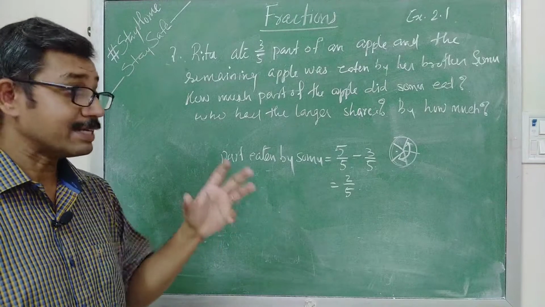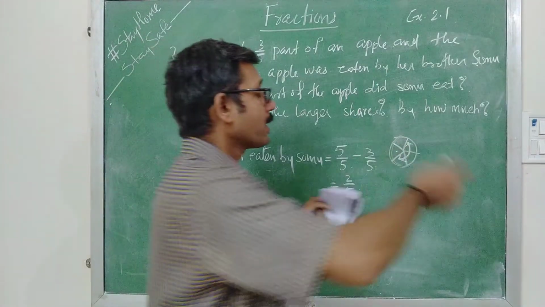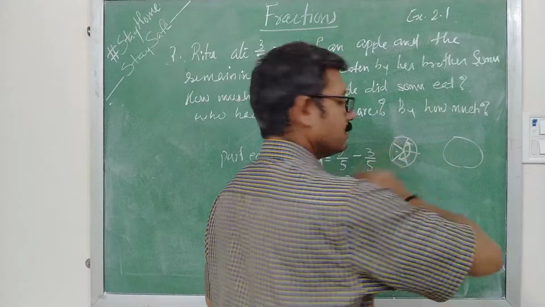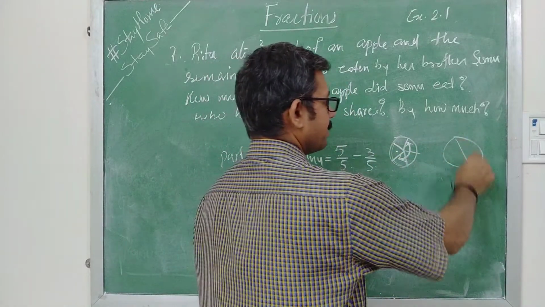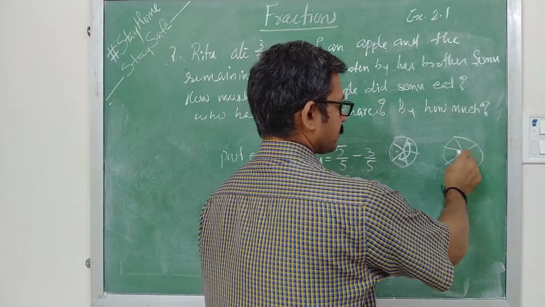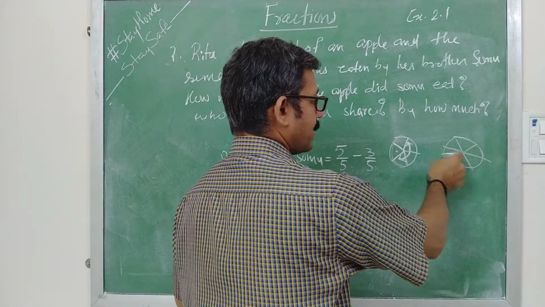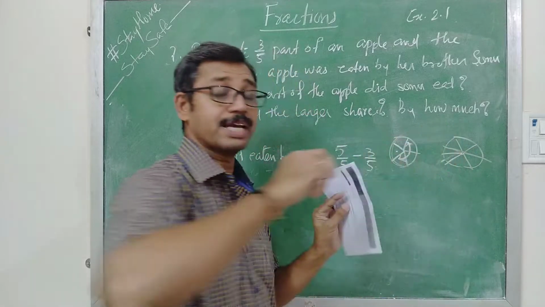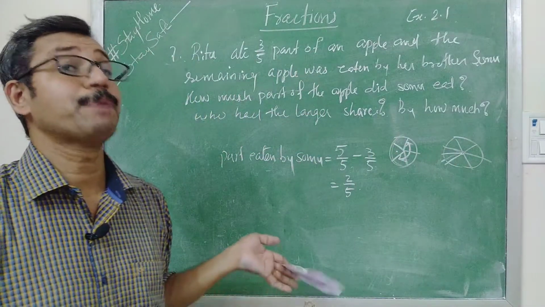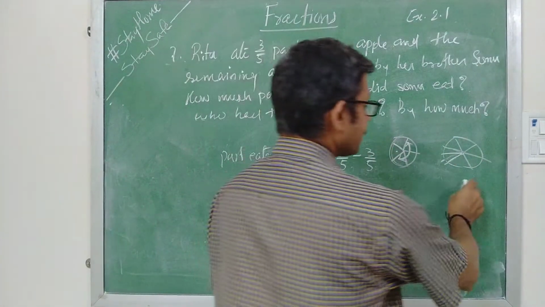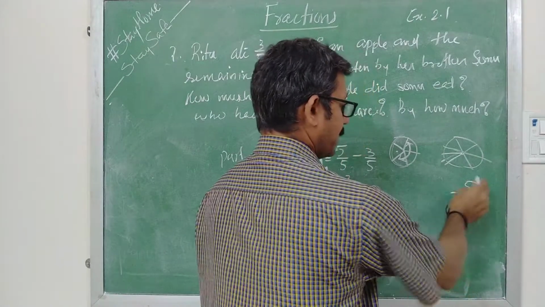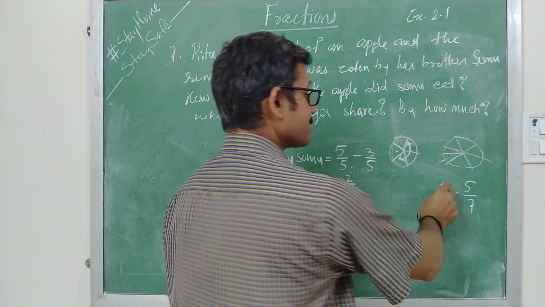Suppose it is like that: one apple is divided into 7 parts. Among these 7 parts, suppose 5 parts are taken. How many parts are remaining? Now 5 parts means 5/7 is subtracted from the total, which is 7/7.